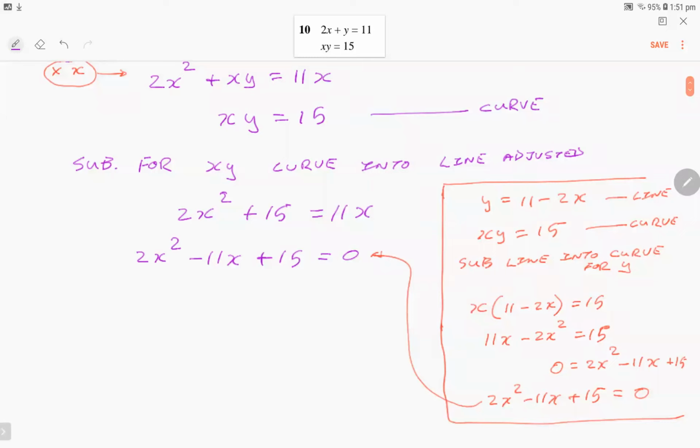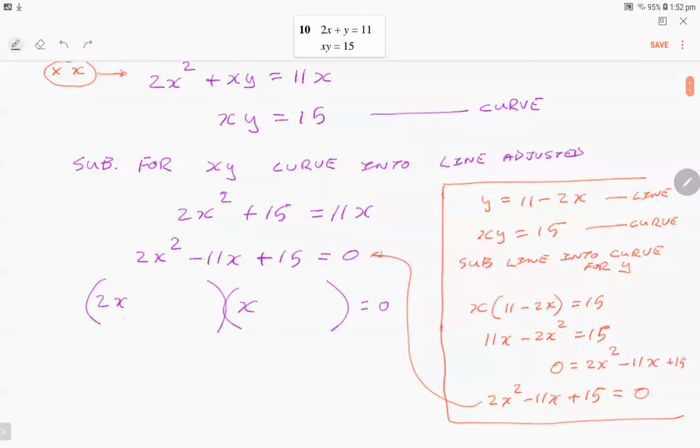It is 2 factors equals 0. The factors of 2x squared are only 2x and x. Now factors of 15, where the far product and the near product must give us 11. One way is the sum, because this is a plus.